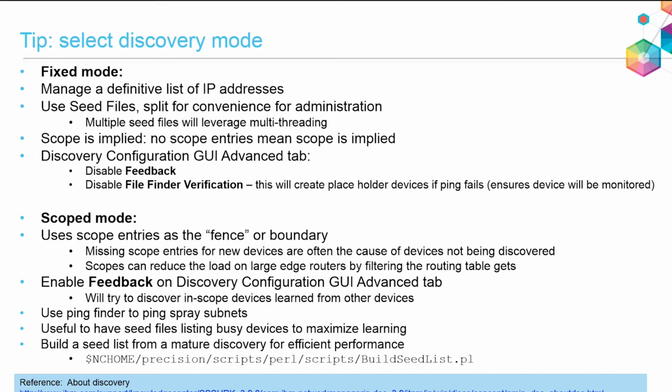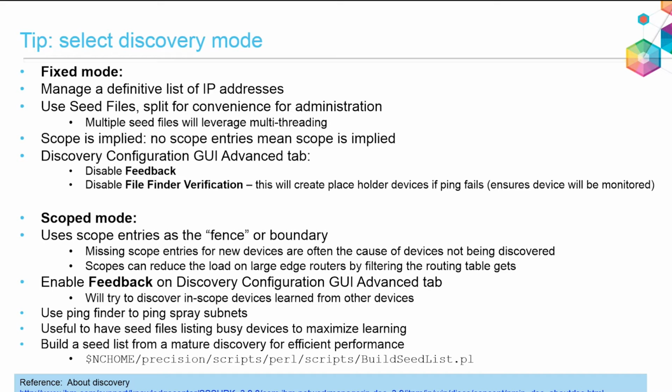Same with ping spray. If you're using ping spray and you have large, sparse subnets like several Class B subnets, then be aware that sometimes it might take more than 90 seconds to ping between two devices that are on the network, and therefore the discovery will complete as we saw before, and it will automatically kick off the discovery again to pick up the remainder.